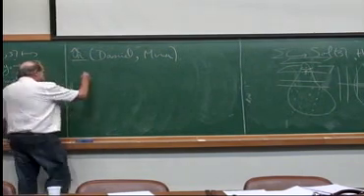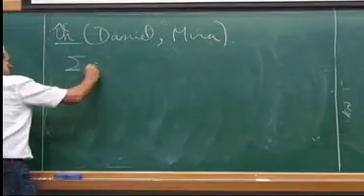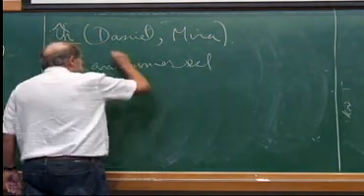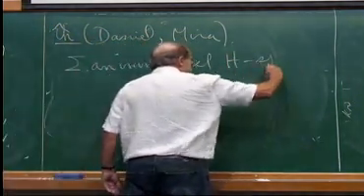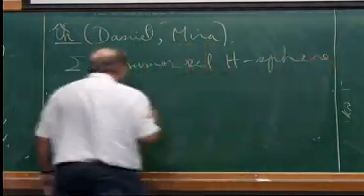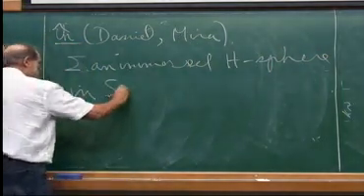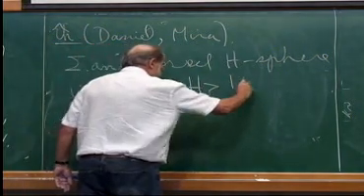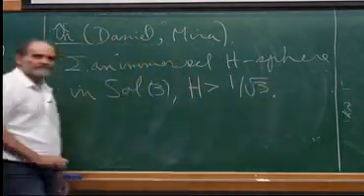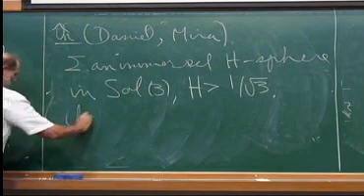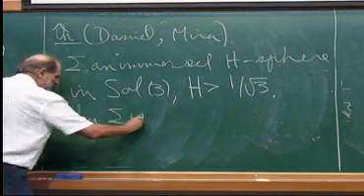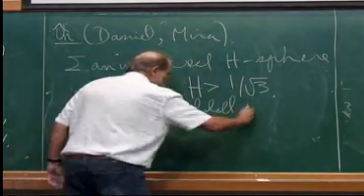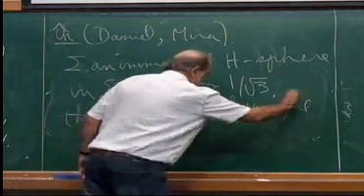Suppose sigma is an immersed H sphere in Sol3 with H bigger than 1 over the square root of 3. Then sigma is embedded, unique, and exists.